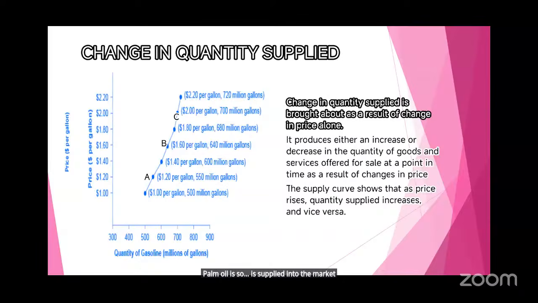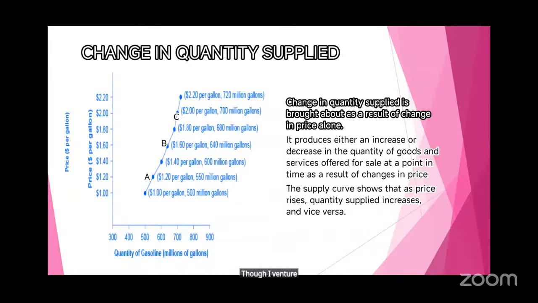But we find out that if the price falls, note that we are looking at price. If price falls from point B to point A, if price falls to $1.2 per gallon, then that fall in price would make quantity to fall from 640 to 550. And that is our point A. So the fall in price has brought about a fall in supply.